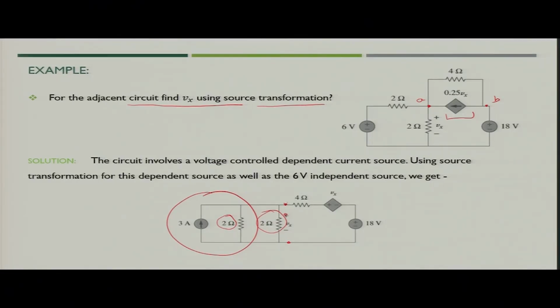So, you can keep the Vx same and club both of them. That would be easier for us to understand the concept rather than keeping this 2 ohm intact, because now here we have both resistances in parallel. So, we club both of them, but we know that the voltage will remain the same, so it is okay for us to do that particular combination of resistance.